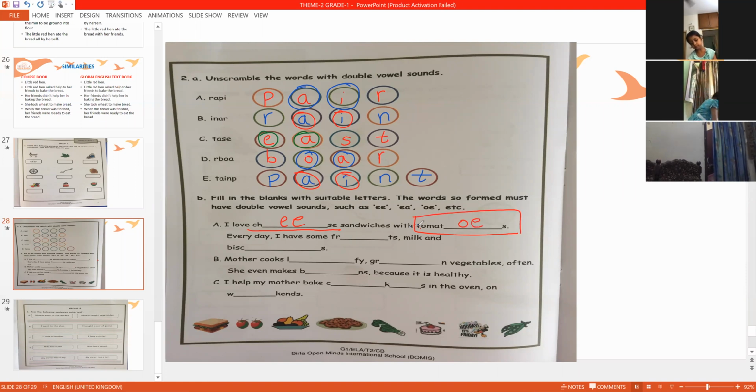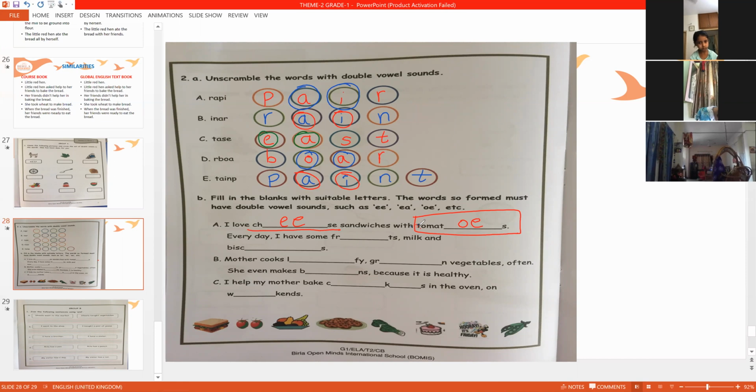O-E. Tell me what is that complete word? Tomatoes. Yes. Tomatoes. Very good.